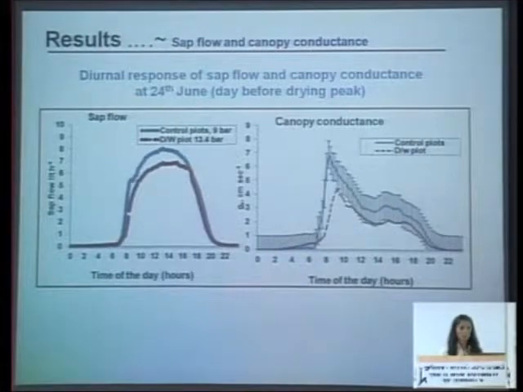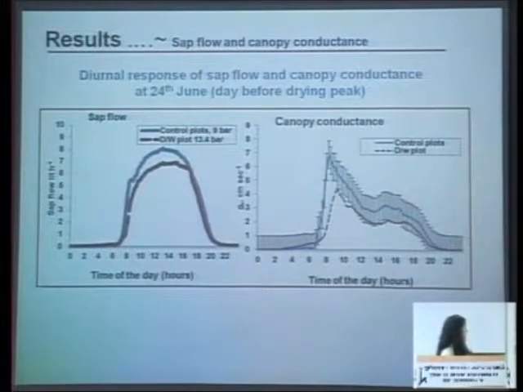So we tried to find out what was going on during the drying and wetting period, looking at sap flow and canopy conductance, the diurnal response of sap flow and canopy conductance on the 24th of June, which means the second day of the drying peak.